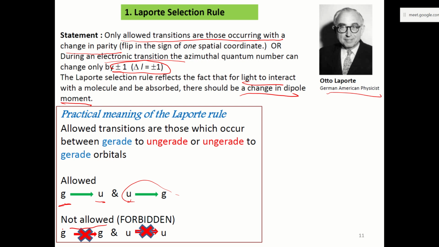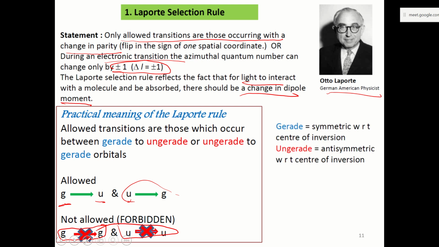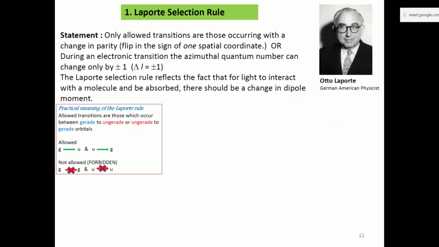But if you are moving from an orbital of G to G or U to U, then there is no such dipole developed and the transition cannot happen. Okay, so this is the gerade ungerade thing that we described while discussing molecular orbitals and atomic orbitals, with respect to center of symmetry.